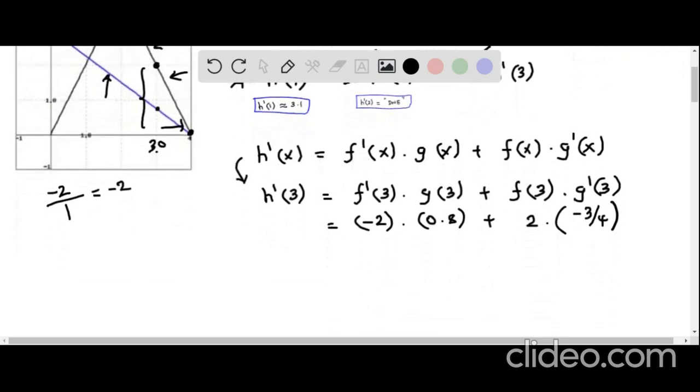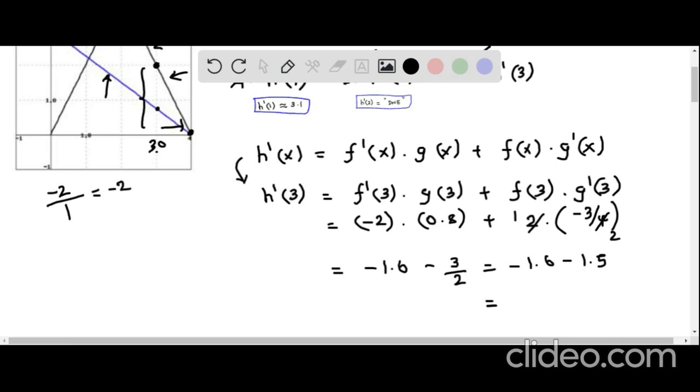Now let's simplify this. So this equals negative 2 times 0.8, which is negative 1.6. And we can cancel this 4 with 2 as 2 times. So 1 times negative 3 is negative 3 by 2. So this equals negative 1.6 plus negative 3 by 2, which is negative 1.5.